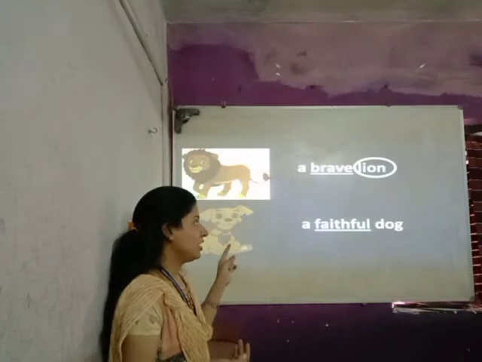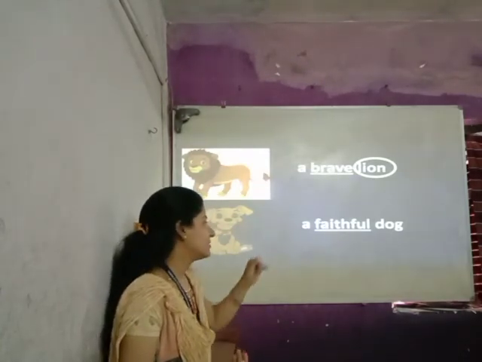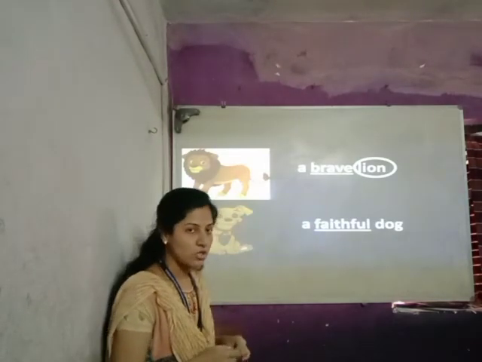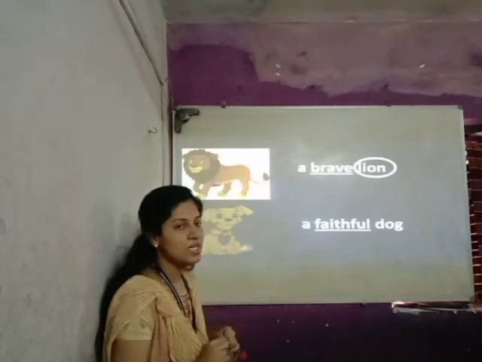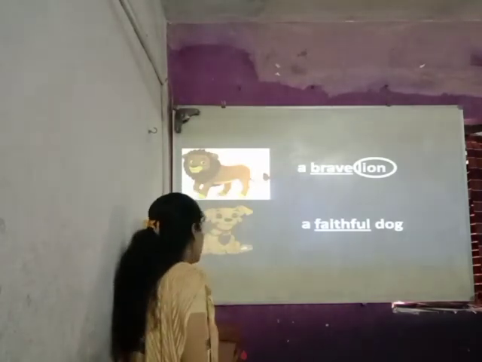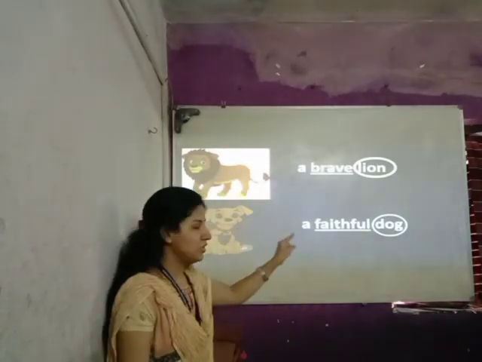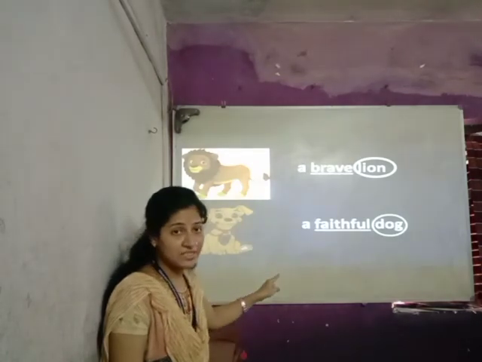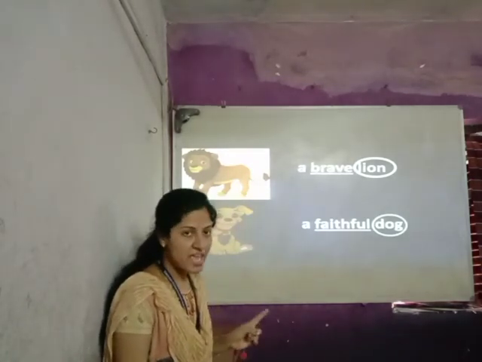And to whom does it apply? Yes, it describes the naming word dog. So, dog is a naming word. So, what should we do here? We circle the word dog. So, a faithful dog. Here, faithful is a describing word and dog is a naming word.